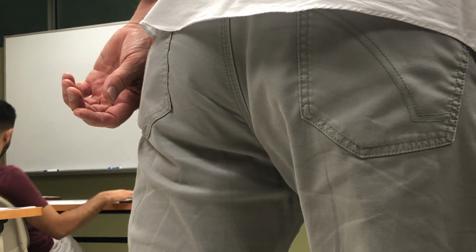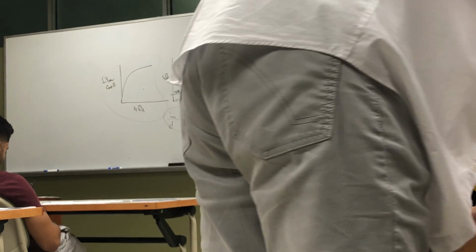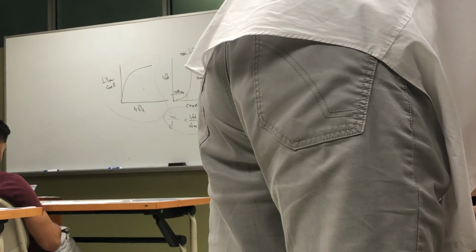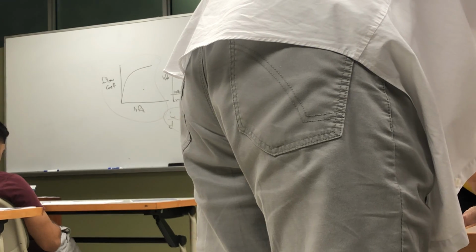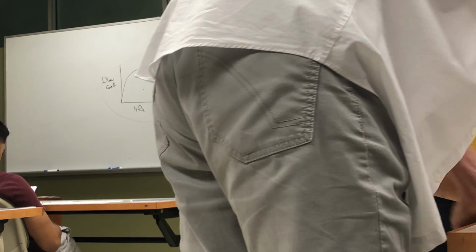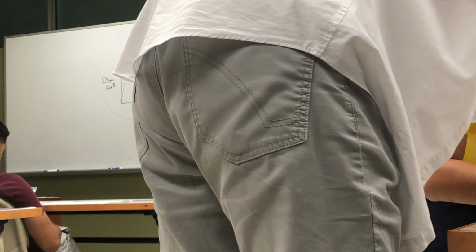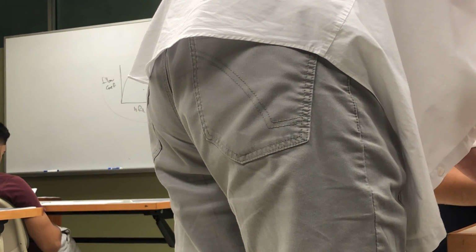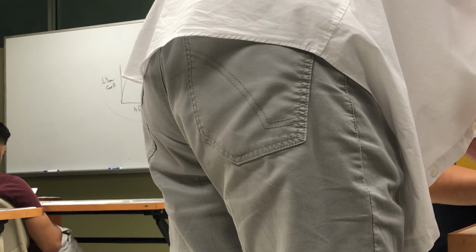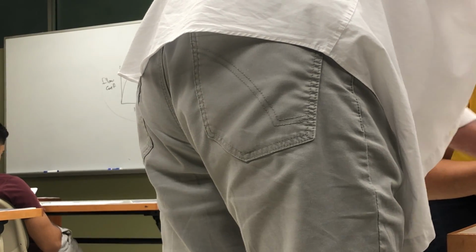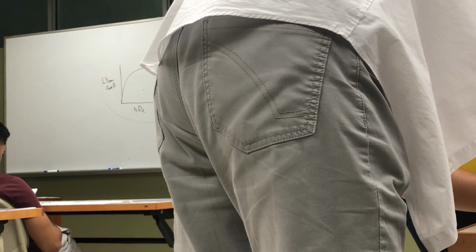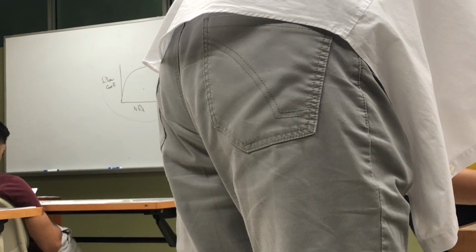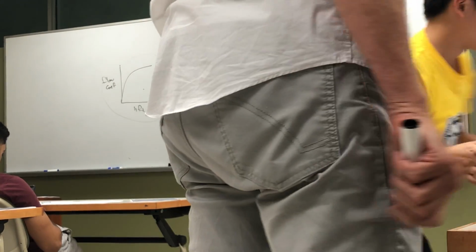The cross-hatched area, you integrate and take the average of that. This one's incorrect, because they've forgotten all this area under here.